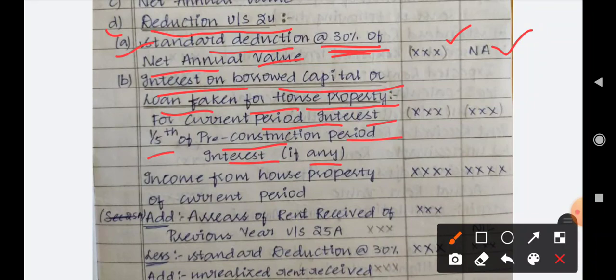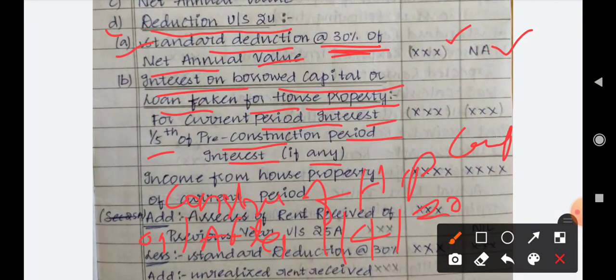Please remember, if construction of house property is completed on or after, if the date of completion of construction is on or after 1/4/2016, then only you will get 1/5 part of pre-construction period interest, otherwise it will not come, because 5 assessment years will end if it is before this date.